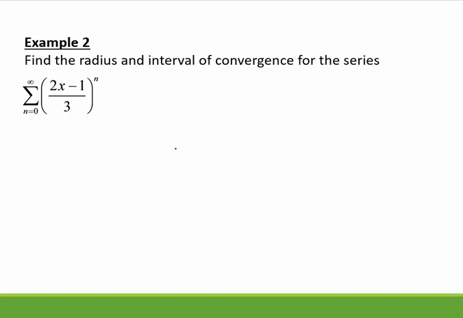So find the radius and interval of convergence for this series. Looking at this, we know this is geometric because I have some function to a power, and that right there is my ratio. So my ratio has to be between -1 and 1. If I multiply both sides by 3.